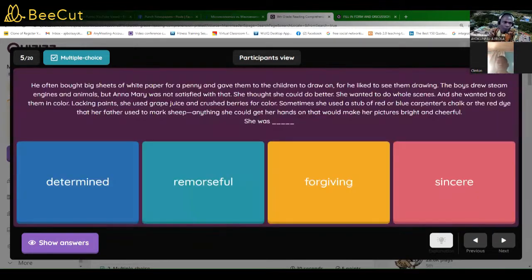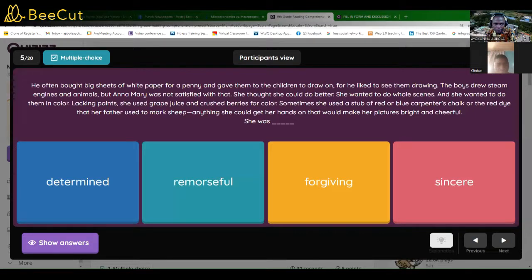So probably let me read this one. He often bought big sheets of white paper for a penny and gave them to the children to draw on. Boys built steam engines and animals, but Hannah Mary was not satisfied with that. She thought she could do better. She wanted to do whole scenes, and she wanted to do them in color.